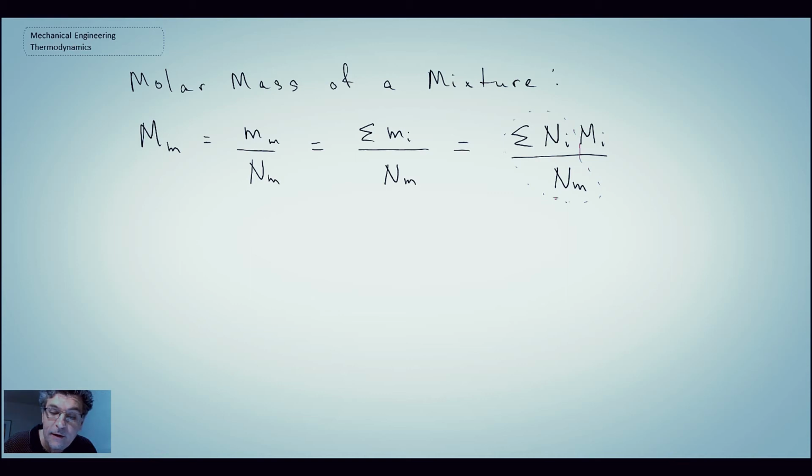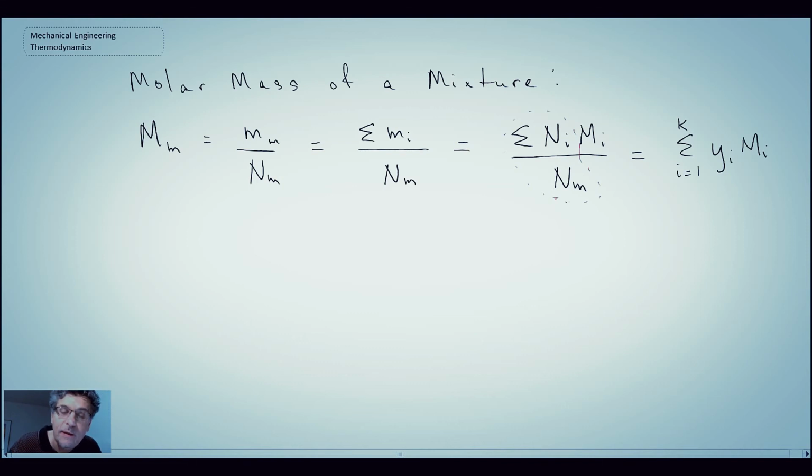And that is, as we saw earlier, the definition of mole fraction. So if you know the mole fraction of your components, and if you know the individual molar masses, you can then determine by the summation the molar mass of your mixture.